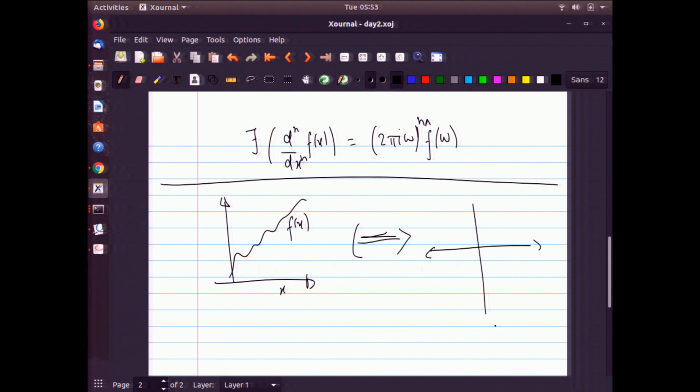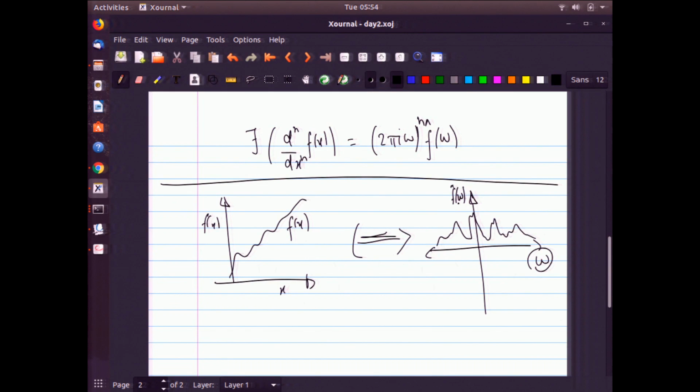Omega was this, and let's say I draw it. What is the y-axis of this? Can someone tell me? Here I've labeled x, and this is f of x, the y-axis. Here I've labeled omega. What is the y-axis? F cap of omega, okay? So, can I draw f cap of omega?